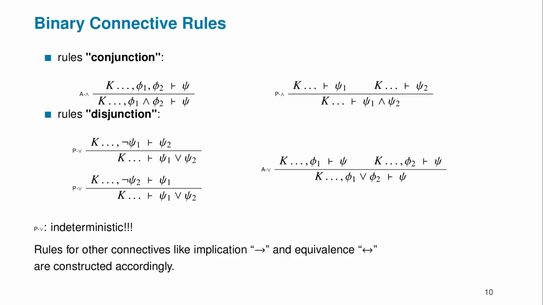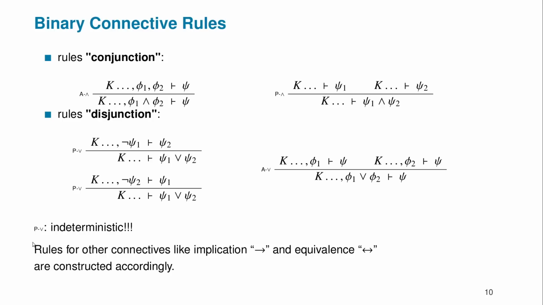And the more formulas are here on the left hand side, the more likely it becomes false. So this helps just as an intuition. And this is the one case. And for the other case, we show that psi 1 is valid and assume the negation of psi 2. Yeah, and the important thing is that these two rules are non-deterministic. Either we can do this one or we can do the second one.